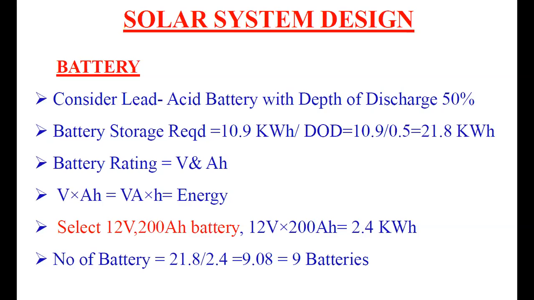That is the second part, the selection of the battery rating. The battery rating is very important, because how long the power can be supplied to the load depends upon it.